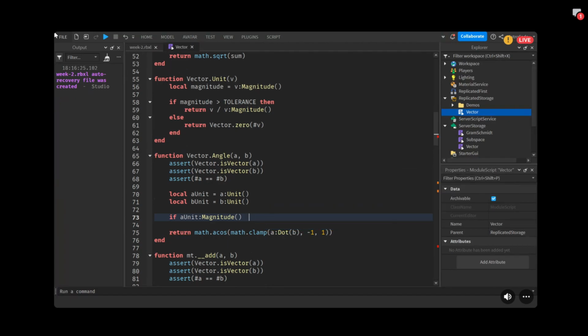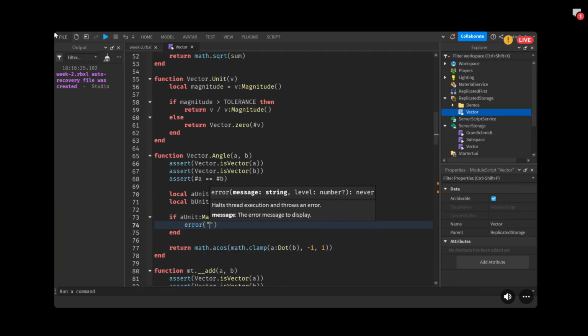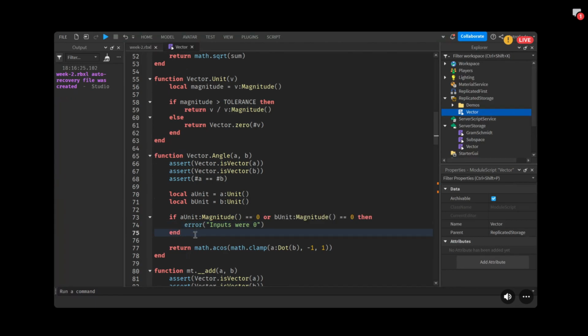Or sorry, if either of these are 0, then it doesn't make sense to take the angle between them. Not even sure, maybe we'll just error. All right, switch back over to notes now.